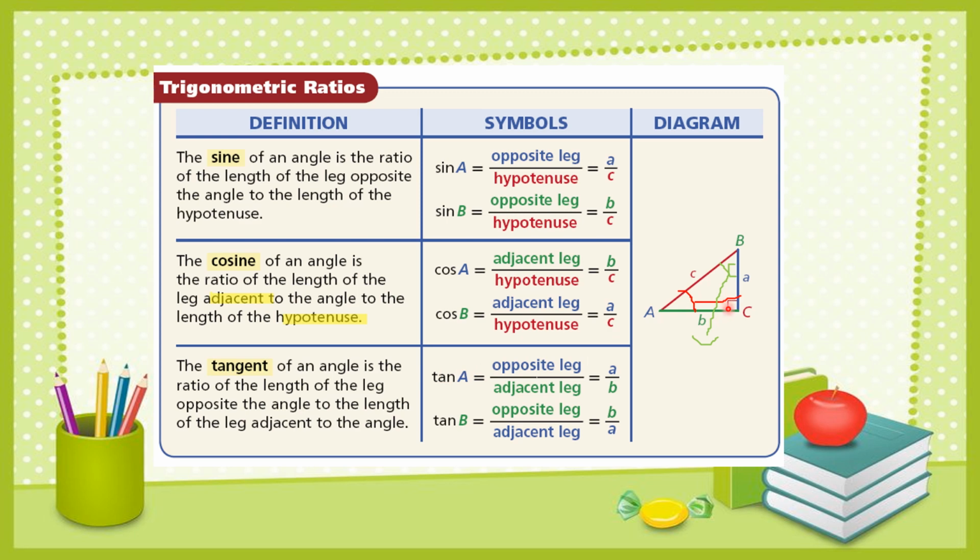So the opposite leg of A is side A, and the adjacent is B. This means tan A is equal to side A over side B. For tan B, the opposite leg is side B, and the adjacent leg is A. Therefore, tan B is equal to B divided by A.